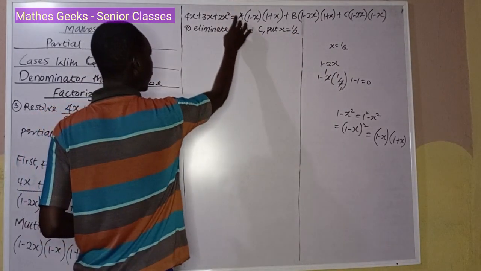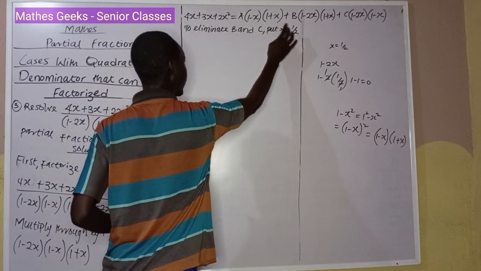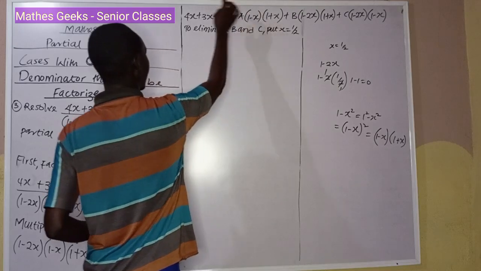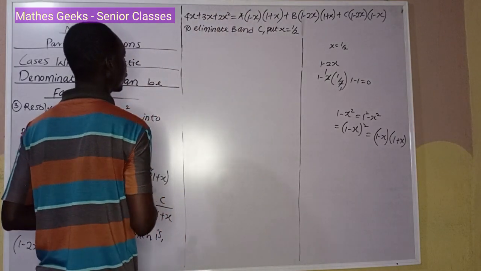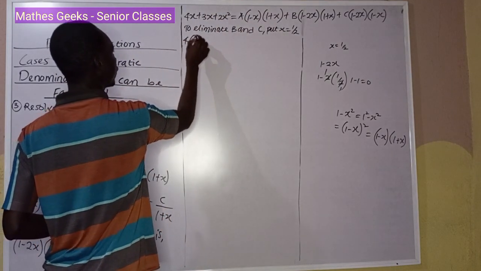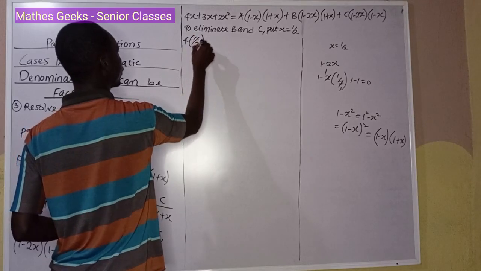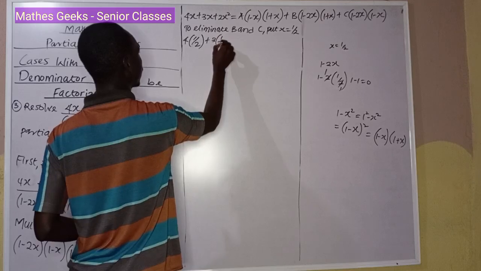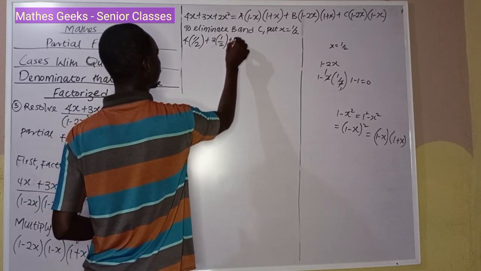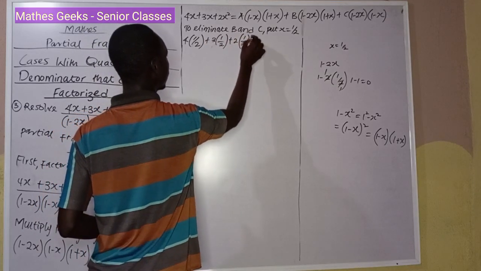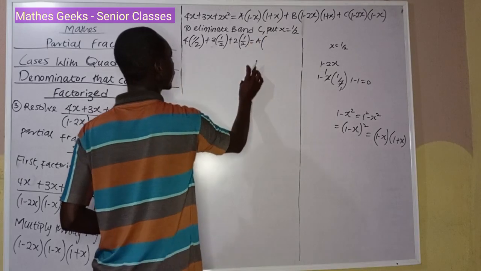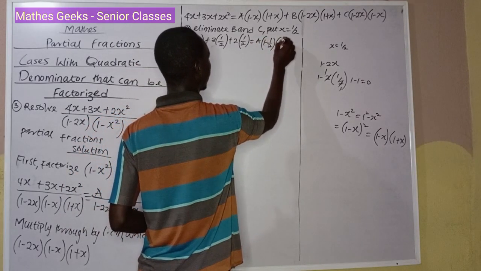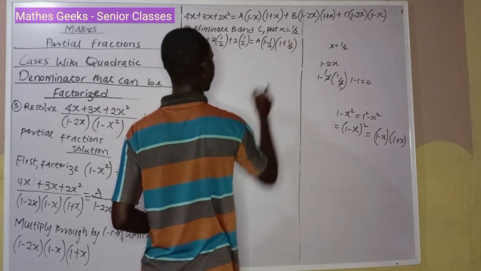So I'm going to work with A. The value that x is equal to will be what you put in place of x here, and also here. So 4 times 1 over 2 plus 3 multiplied by 1 over 2 plus 2 times 1 over 2 squared is equal to A times 1 minus 1 over 2 and 1 plus 1 over 2.